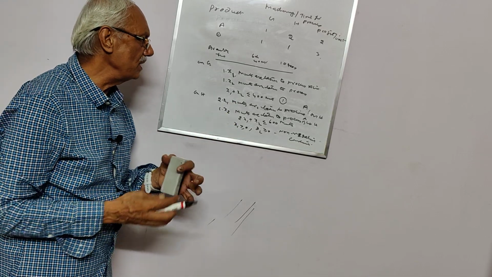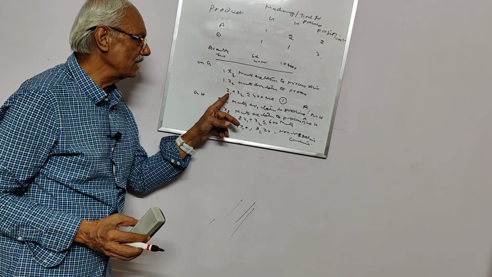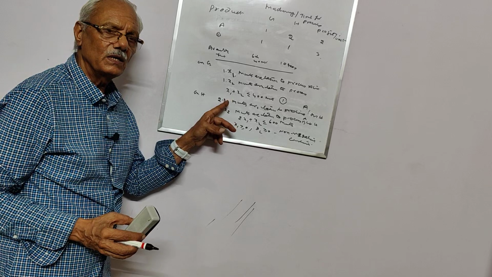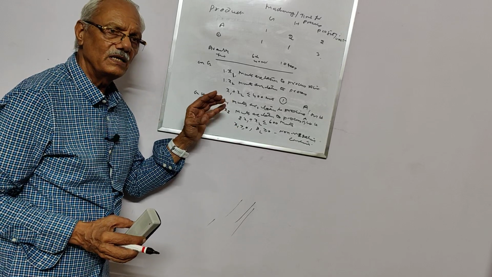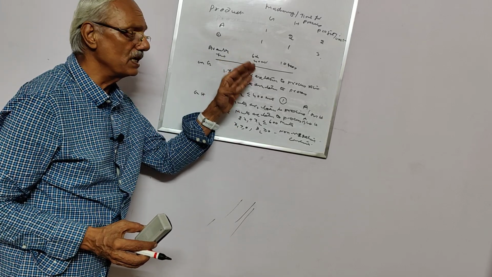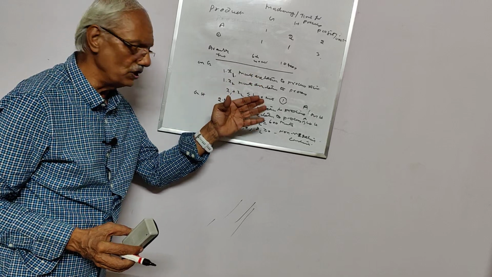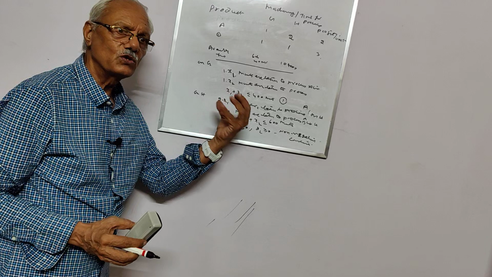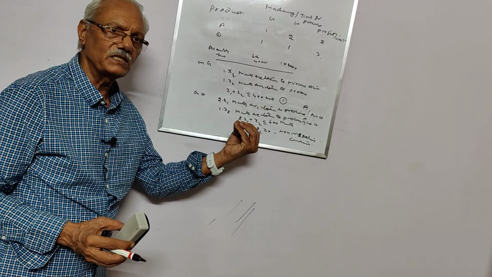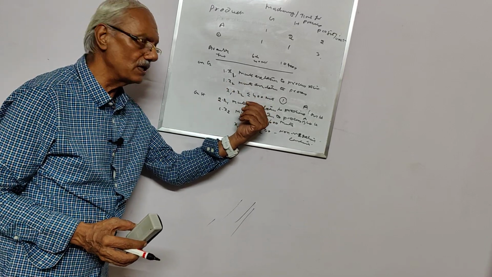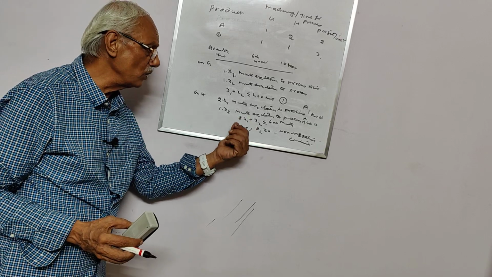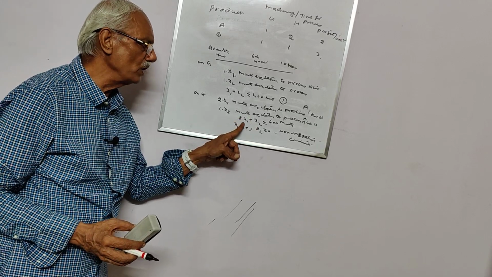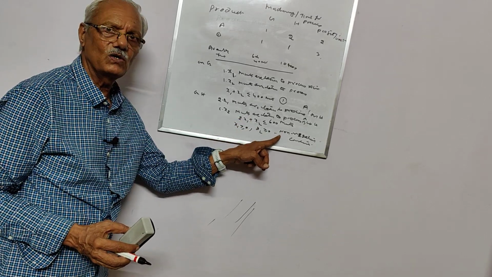So what do we have? Here x1 minutes of time is taken for processing A on G, and x2 minutes are taken for processing B on G. So the total time taken is x1 plus x2, which can be less than or equal to 400. Same logic applied here, 2x1 plus x2 is less than or equal to 600.